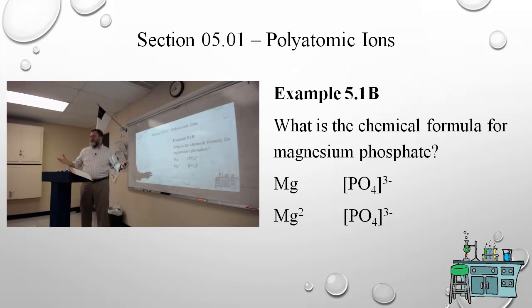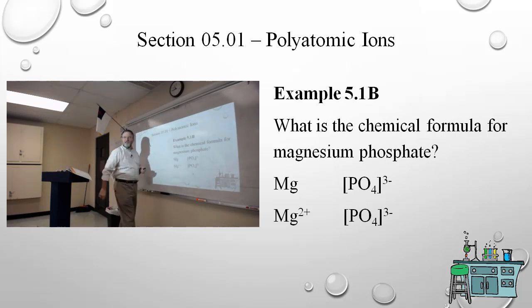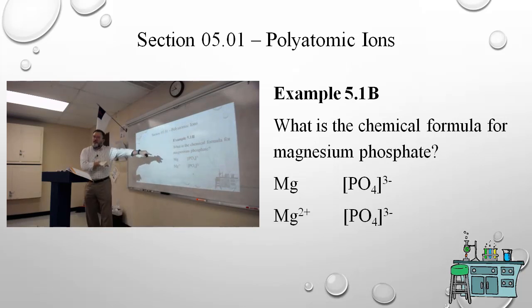No magic. It's just the same thing we've done for the last couple of weeks. It just looks a little different because now we've got a couple of elements in brackets. But you're treating this whole thing as one thing. It is a covalent molecule that has a net charge of 3 negative. But it's just one piece.